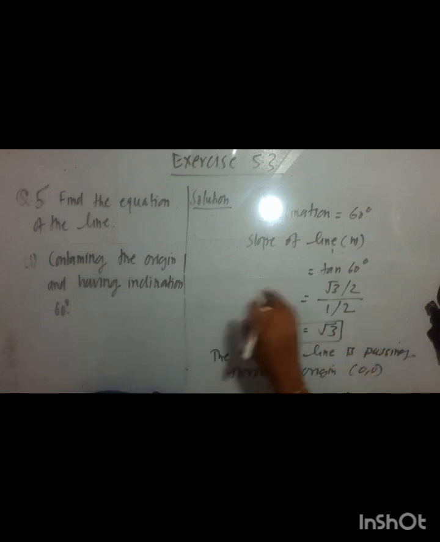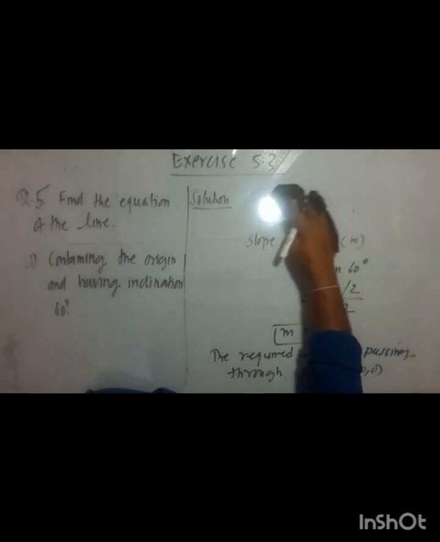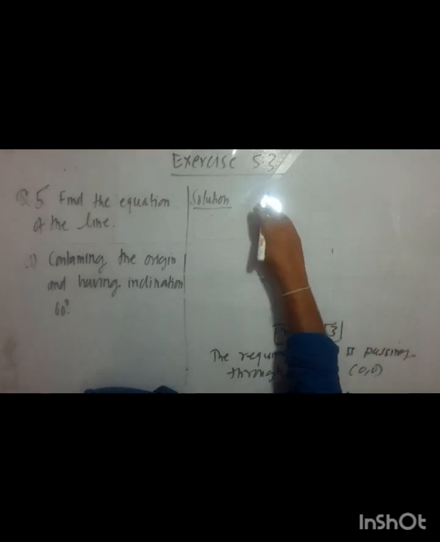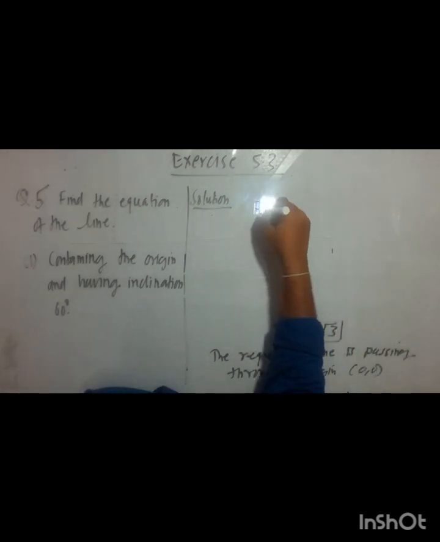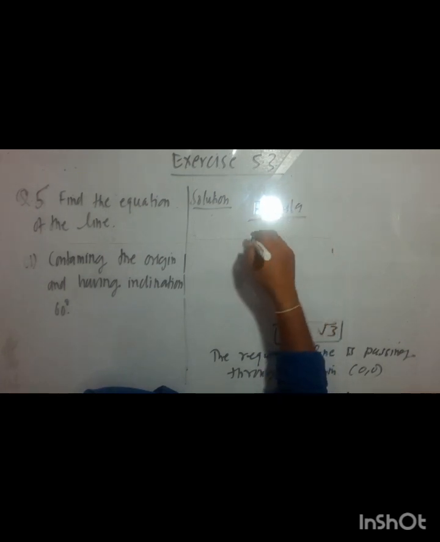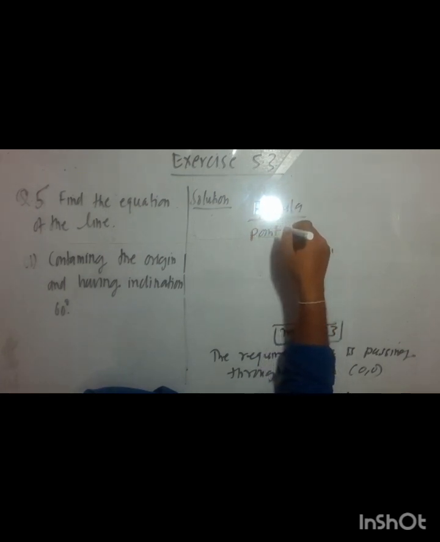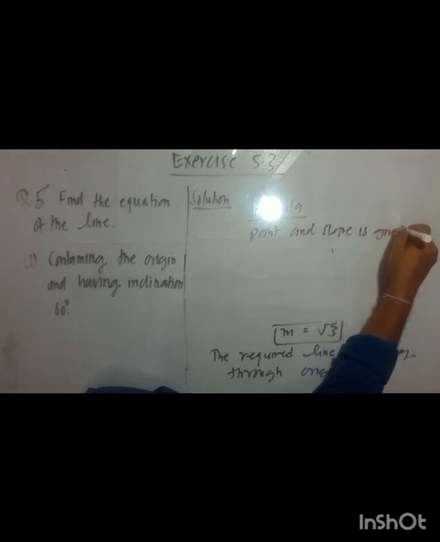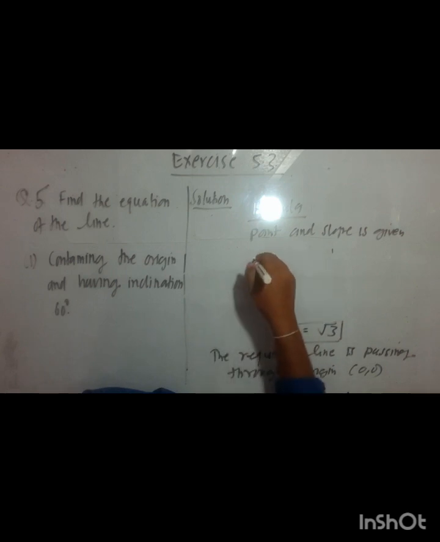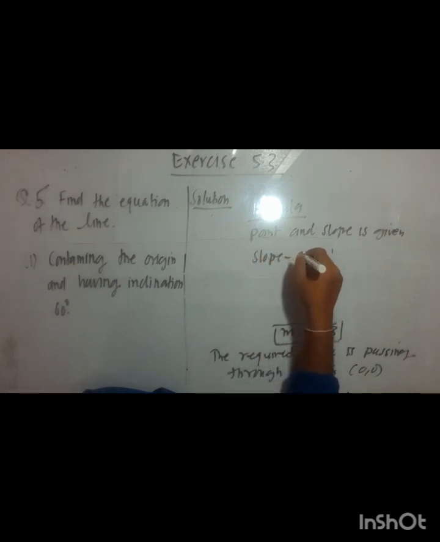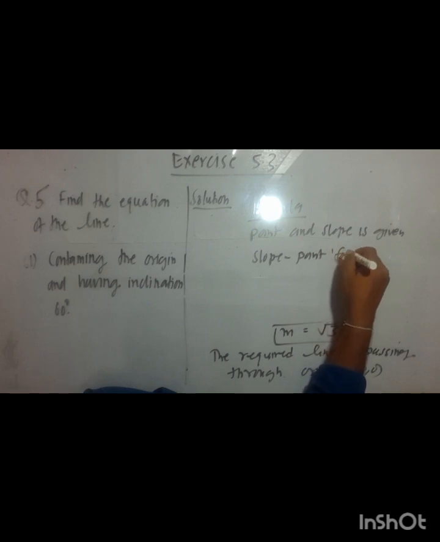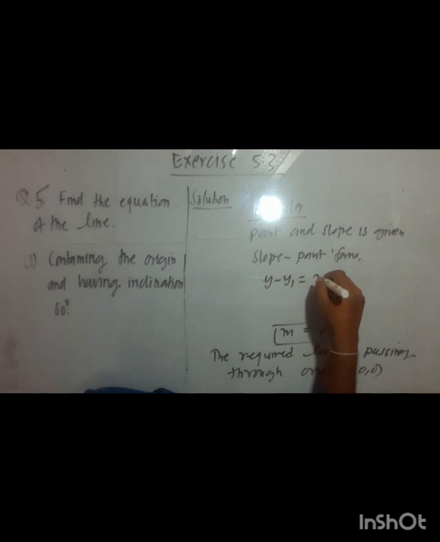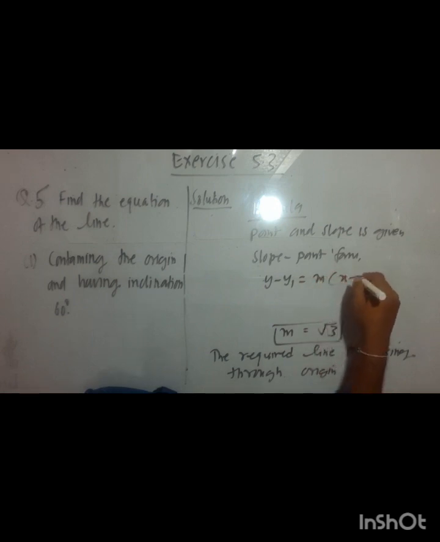So if point and slope are given, which formula will we use? It is actually the slope point form. What is the slope point form? That is y minus y1 is equal to m into x minus x1.